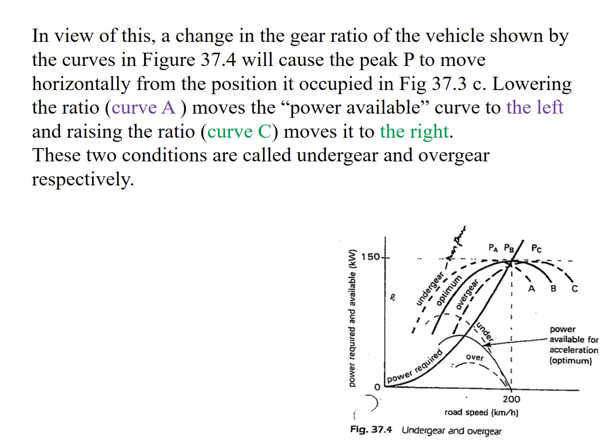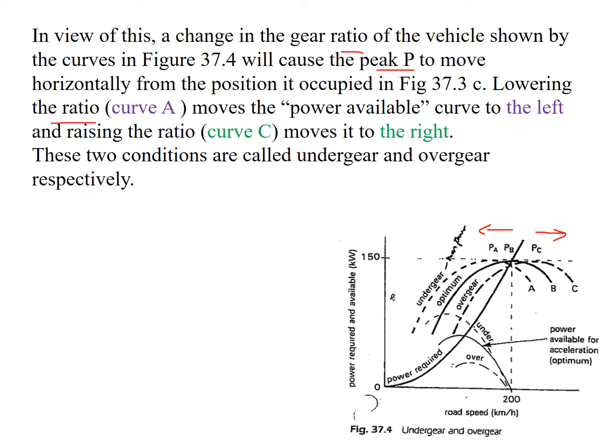In view of this, a change of gear ratio of the vehicle shown in the figure just now will cause the peak to move horizontally. If you change the gear ratio, the peak can be moved horizontally, whether to A or to B.